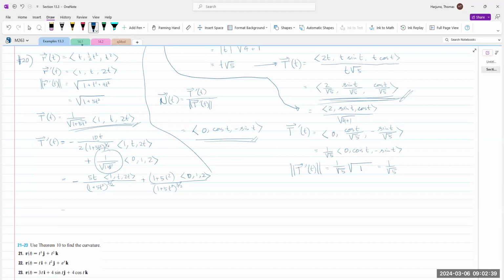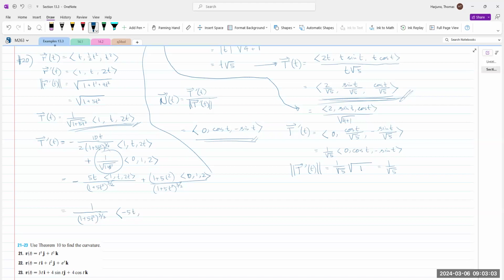And then I will combine like terms. So this is (1 plus 5t squared) to the power of 3/2, and inside I will get negative 5t.